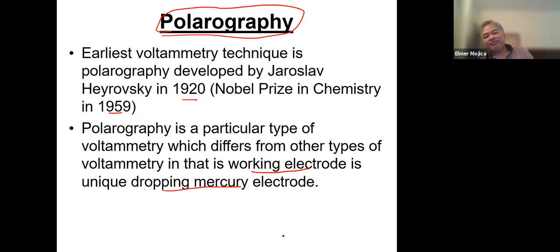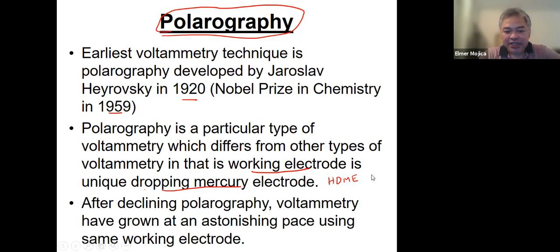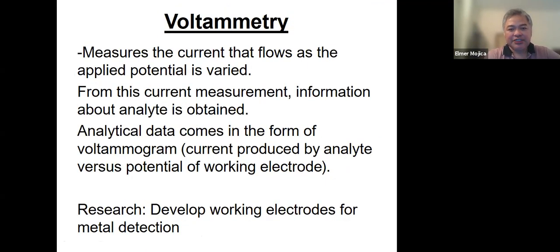That's the dropping electrode, also known as HDME, hanging drop mercury electrode. Unfortunately, because of the use of mercury, it has been phased out. But even though the use of polarography declined, voltammetry has grown at an astonishing pace using the same working electrode.